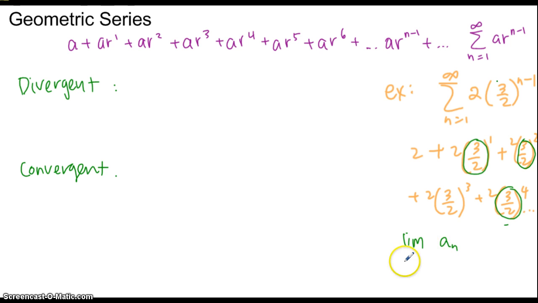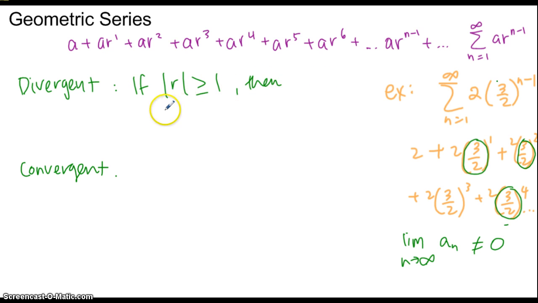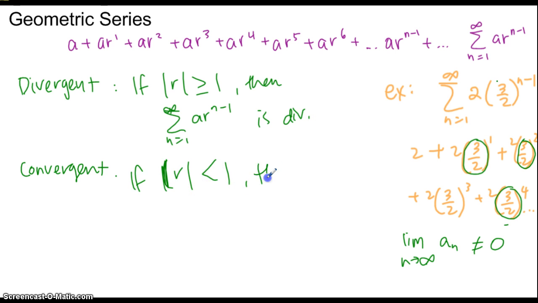So the terms in the sequence do not approach 0, and this was divergent by the divergence test. So if the absolute value of the common ratio is bigger than or equal to 1, then the geometric series is divergent. In the same way, if the common ratio is less than 1, then this same geometric series will be convergent.